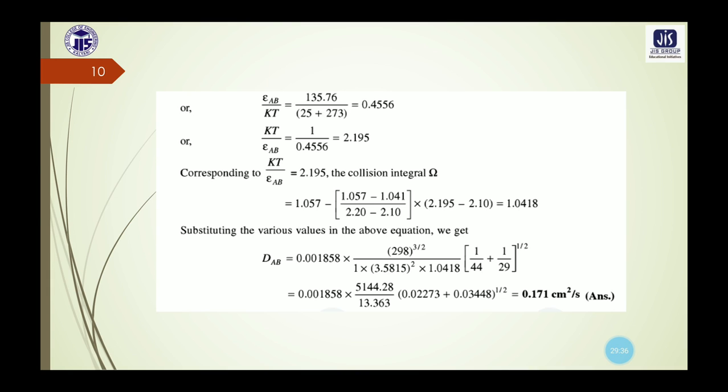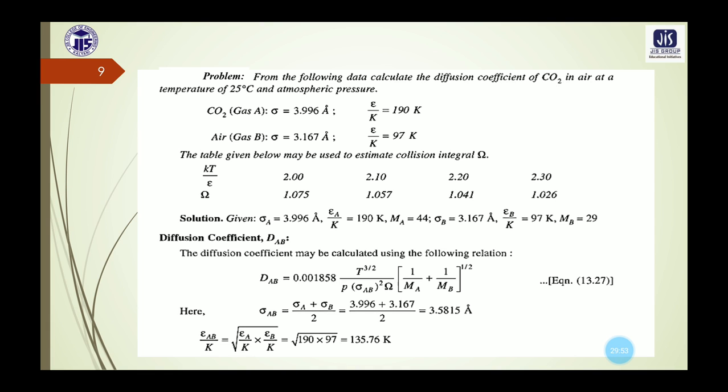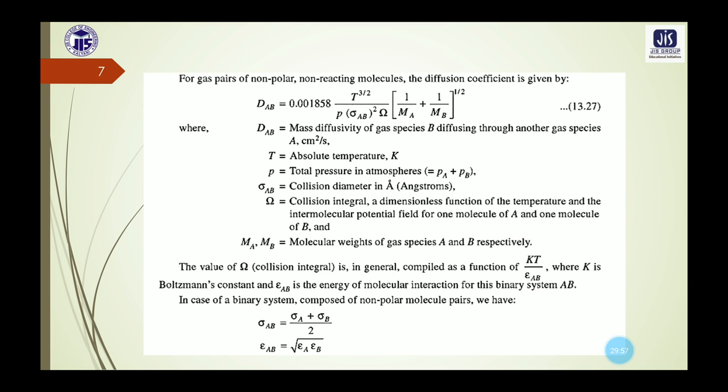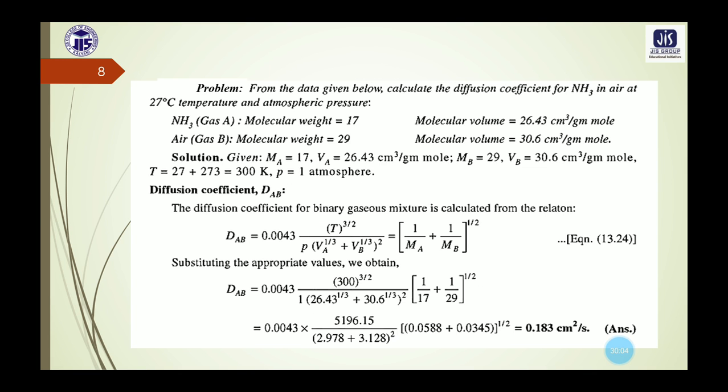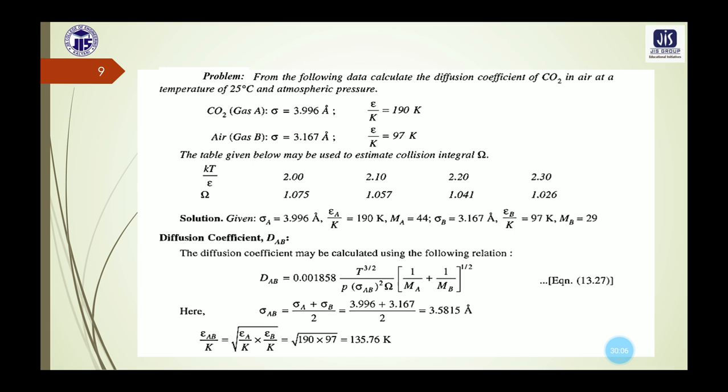Now corresponding to this value, KT by epsilon AB 2.195, the collision integral omega is equal to the value that we have got from the table, using sigma AB and epsilon AB in this numerical.